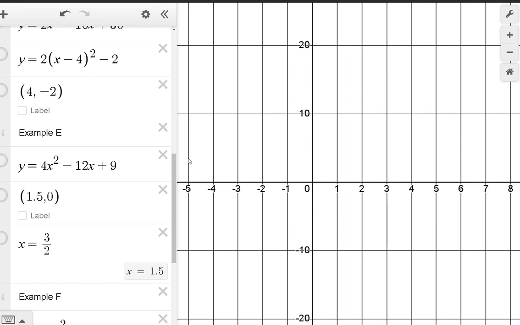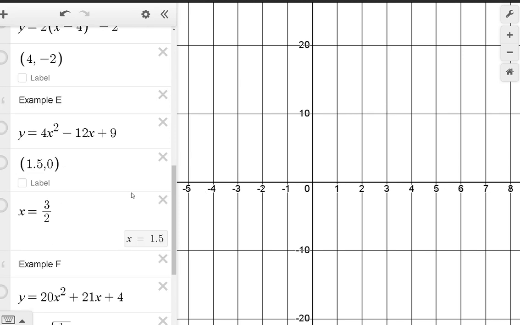Let's solve 1 or 2 more. So let's move on to example F. F of x, y equals 20x squared plus 21x plus 4.